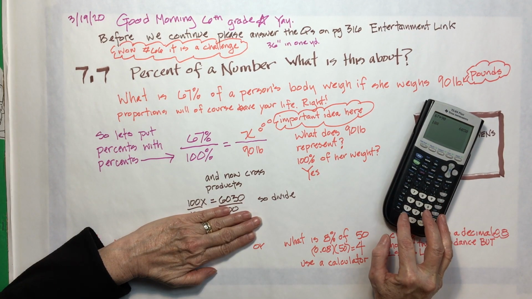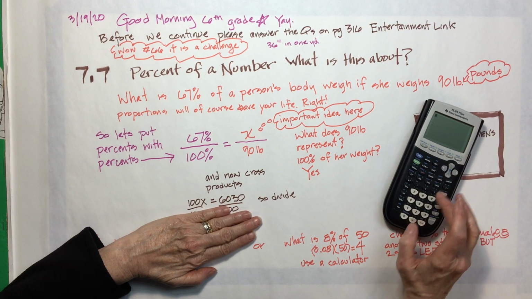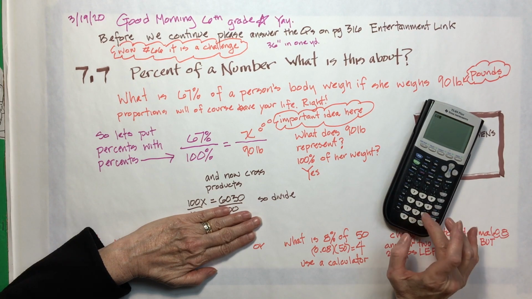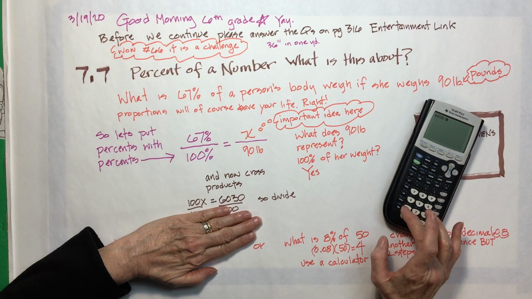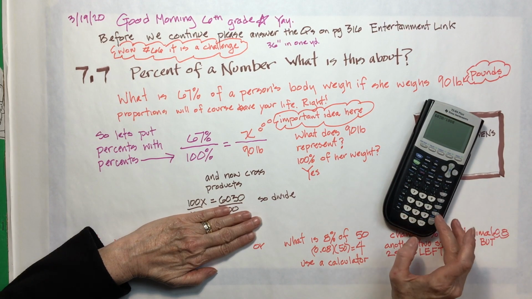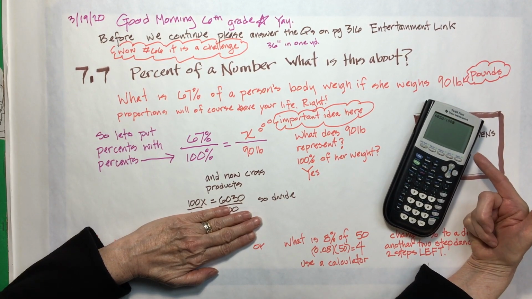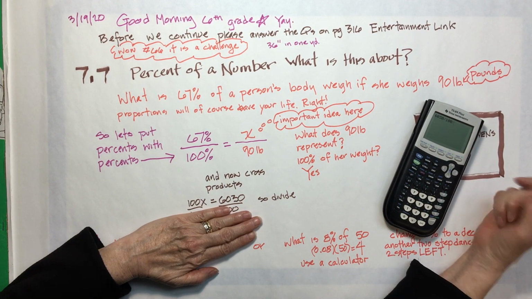Cancel that. Oops. 6,030 divided by 100. Now, using a calculator is very helpful, but the calculator is only as good as what you put into it. As you just saw, I nearly made a mistake, and I had to erase everything.